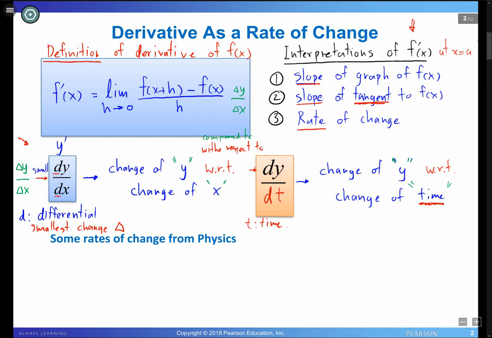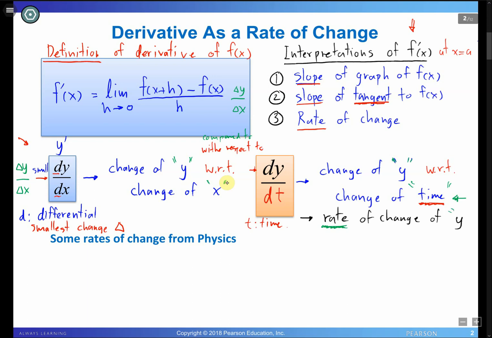It comes from the observation of something over time. So this becomes rate of change, rate. When you see this word, it's usually related to time. Rate of change of y variable.